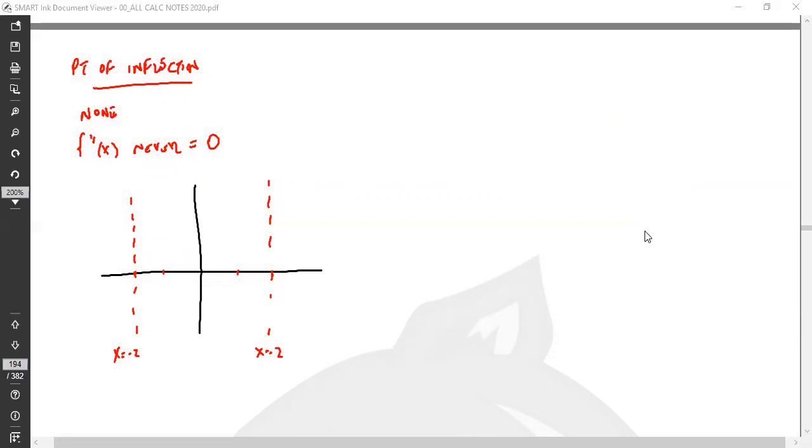We have x-intercepts at (-1, 0) and at (1, 0). We have a y-intercept at (0, 1/4), which we know is a relative maximum. We know we have a horizontal asymptote, y equals 1.